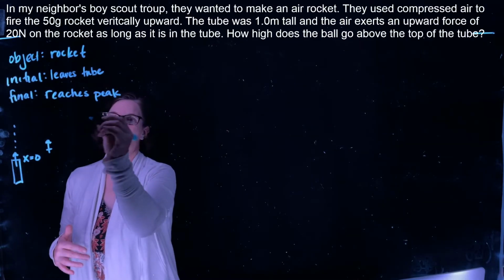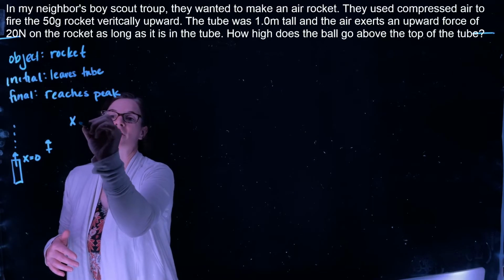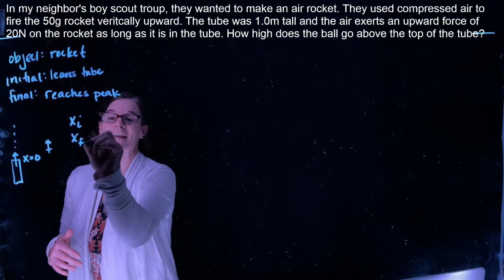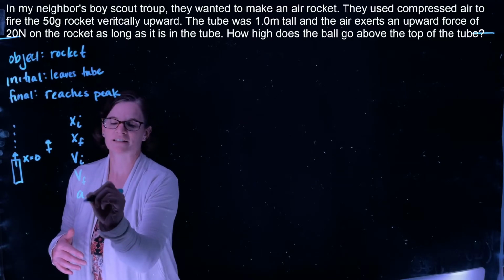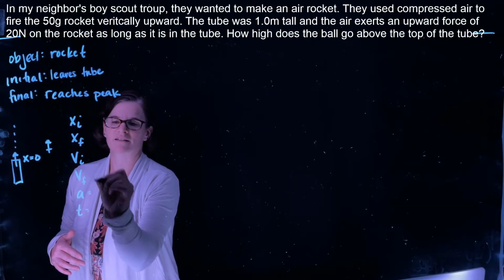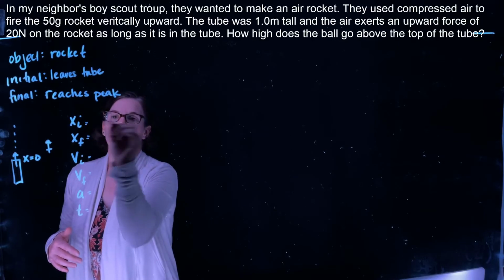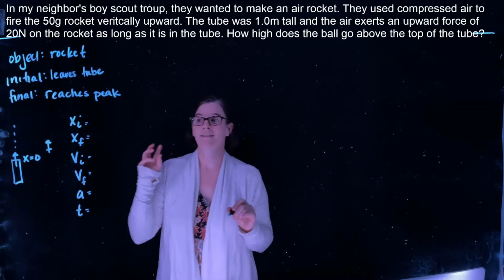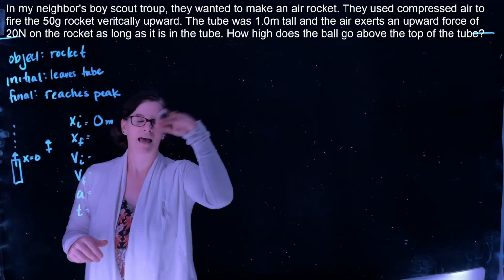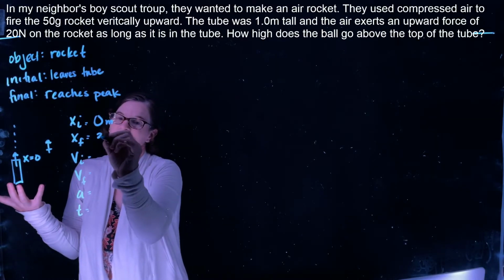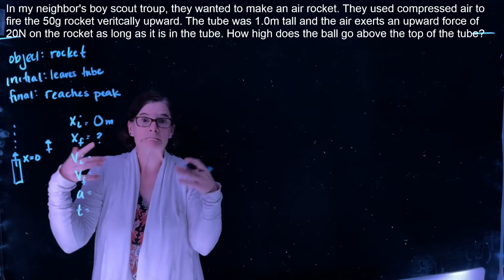All right, so we're going to make our list: our initial position, our final position, our initial velocity, our final velocity, our acceleration, and our time. So our initial position, that's 0. It's right at that rocket exit. Final position, we don't know.